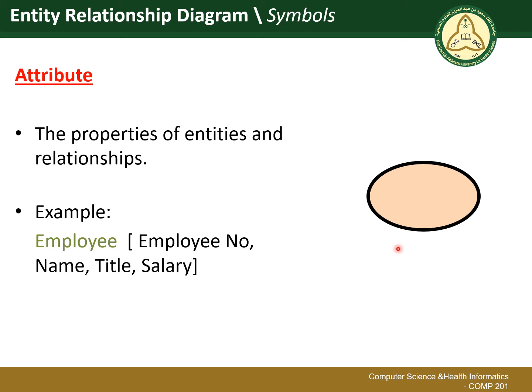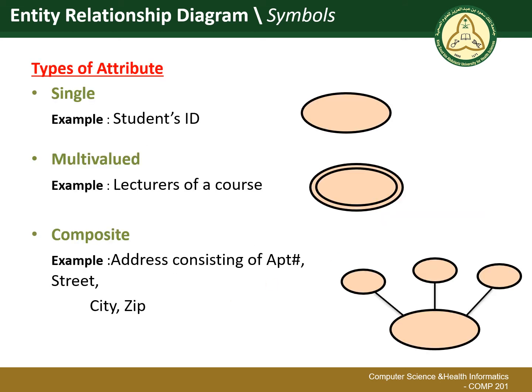And we represent the attribute with the oval shape in the ER diagram. We have types of attributes. We have the single attribute, which will be represented by the oval shape. So if we have, for example, the student ID, it's a single attribute.